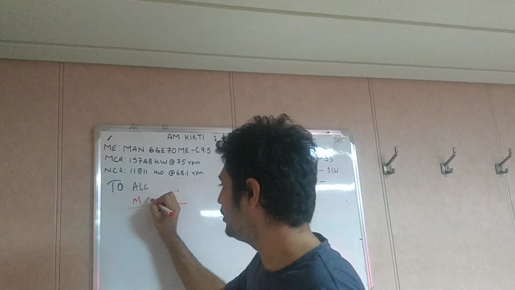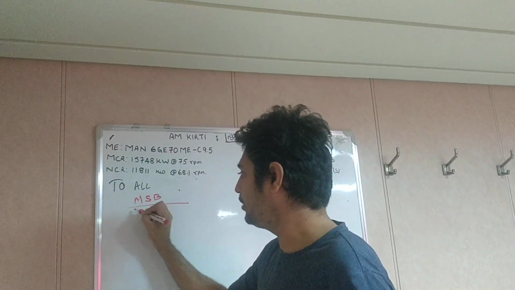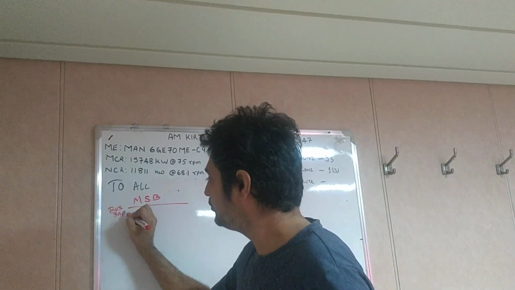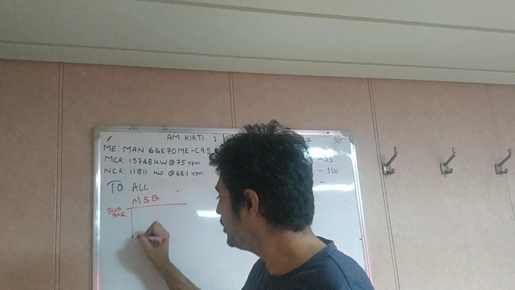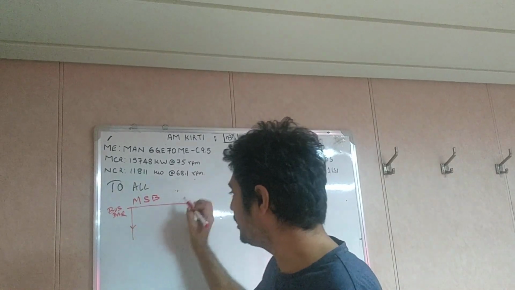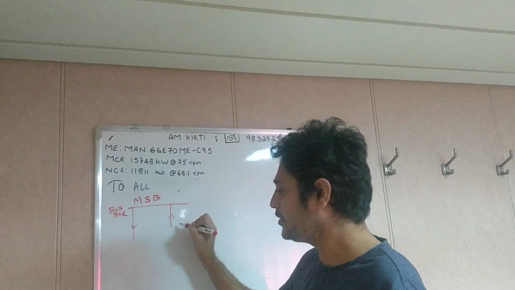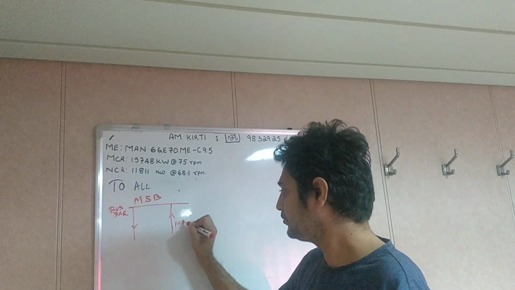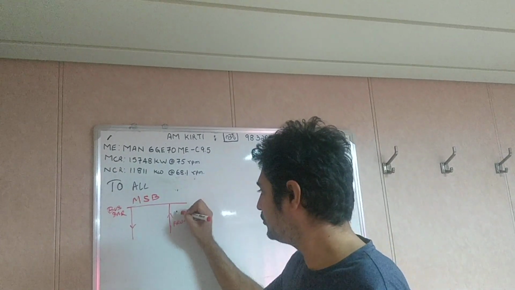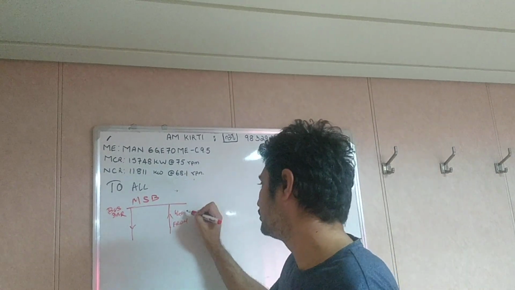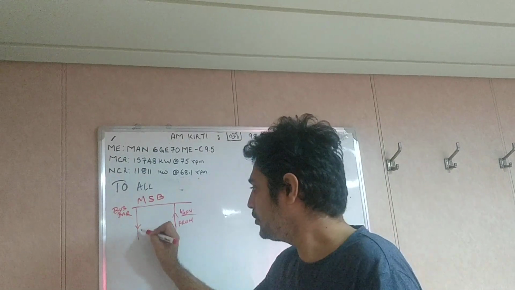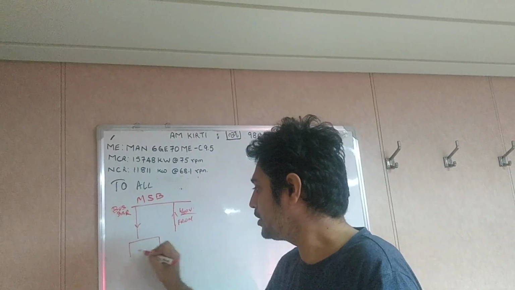This is the MSB, your bus bar. This is the consumer. Just imagine like this. This is the supply from the alternators, 440 volt supply. Suppose this consumer is a main air compressor.